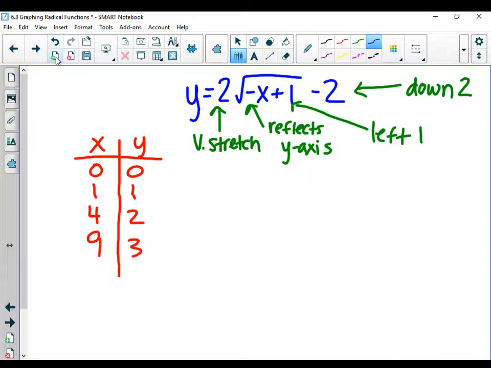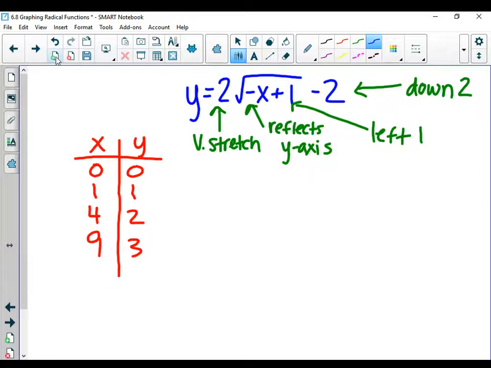Okay? So you'll always start with your stretching and compressing and reflecting and stuff like that. Okay? So we know that this negative here reflects over the y-axis, okay? We know that 2 is our vertical stretch, okay?